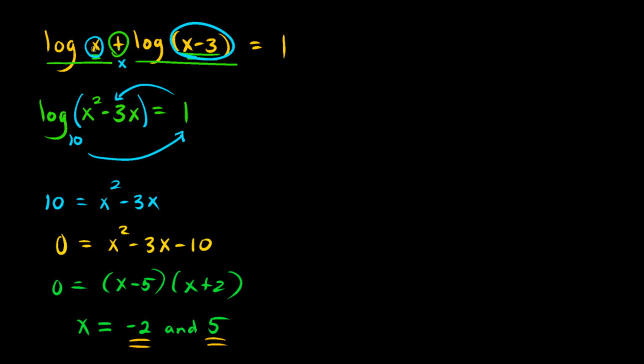Negative 2 is a problem, because if I plug in negative 2, I would get log of negative 2 plus the log of negative 5 equals 1. You cannot have a logarithm of a negative value. So negative 2 is not a solution. You have to throw that solution out.